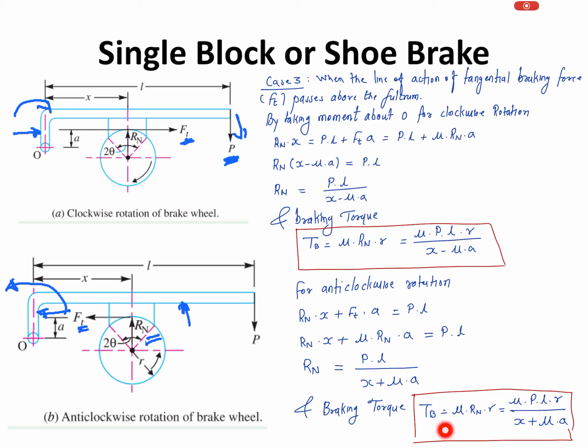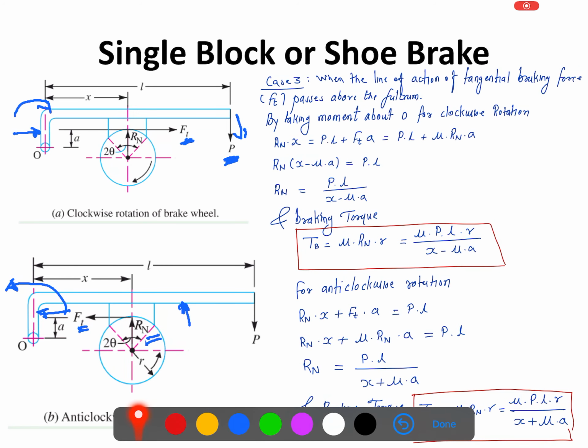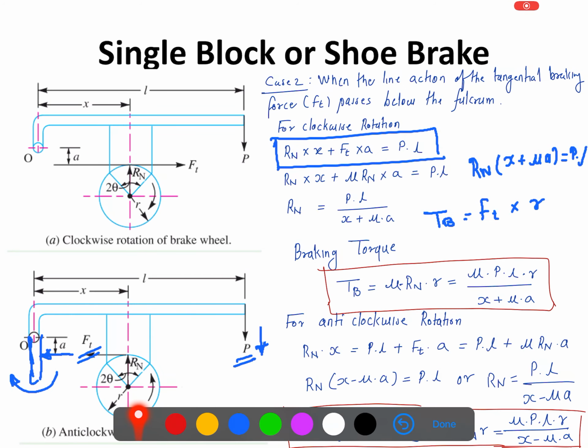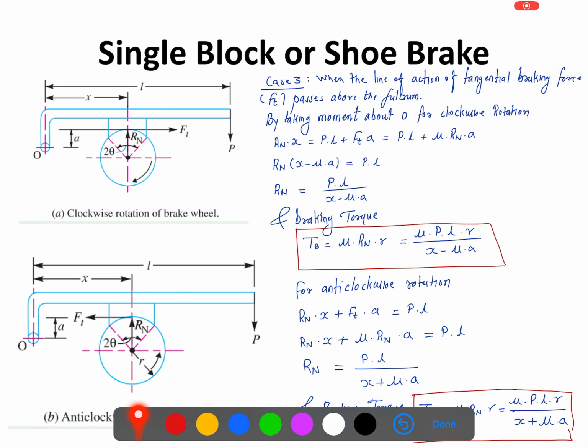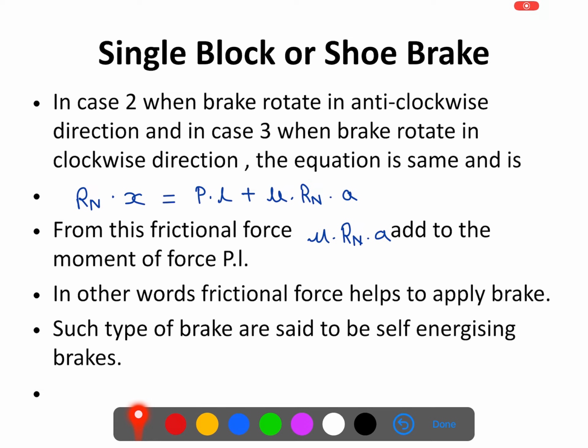Now this particular formula, for case number 3 for the rotation in the anti-clockwise direction of the drum, is the same as the expression for Tb for case number 2 when the drum is rotating in the clockwise direction, right? So very important, we can generalize from this.